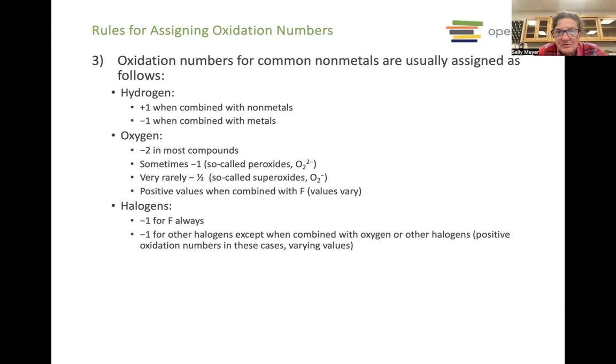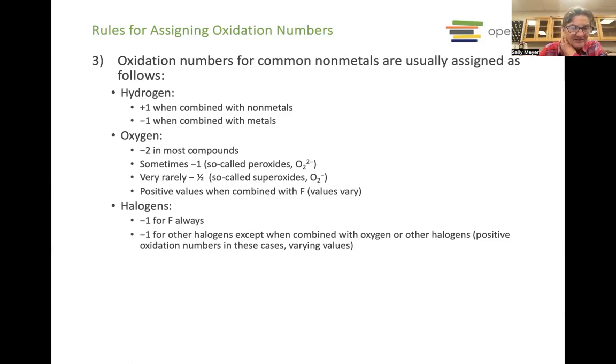Oxidation numbers for common nonmetals are usually assigned as follows: hydrogen likes to be +1. It's -1 when it combines with a metal. Oxygen is almost always -2. Sometimes it's -1 if it's a peroxide. Very, very rarely it's -1/2 if it's a superoxide.